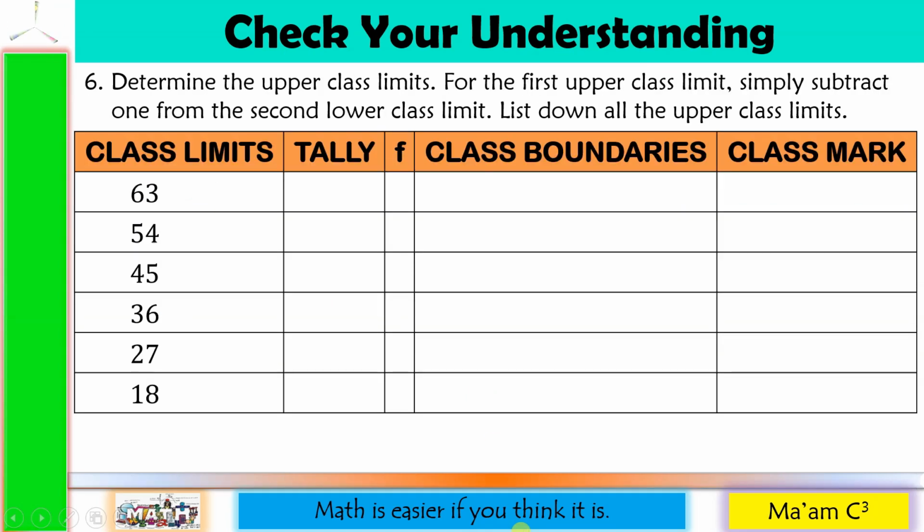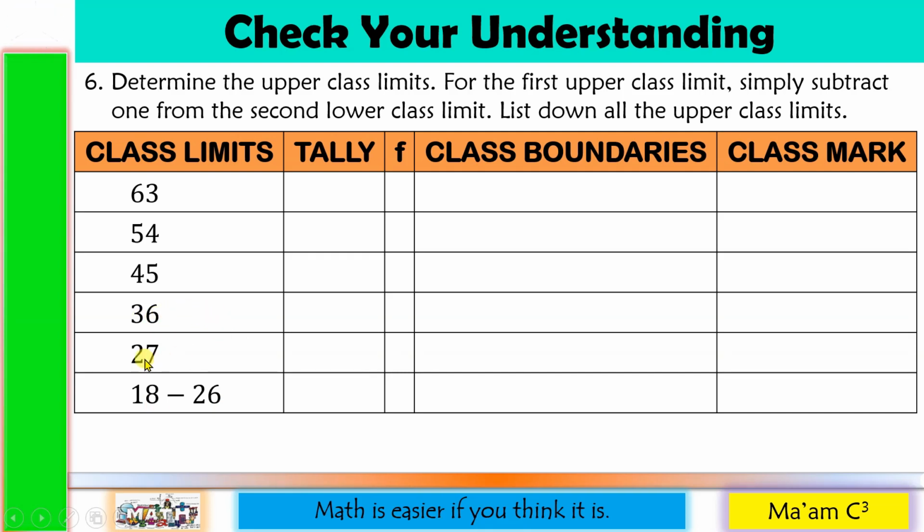Step 6, let's determine the upper class limit. For the first upper class limit, simply subtract 1 from the second lower class limit. So 27 minus 1 is 26. So this is 18 to 26. 36 minus 1 is 35.